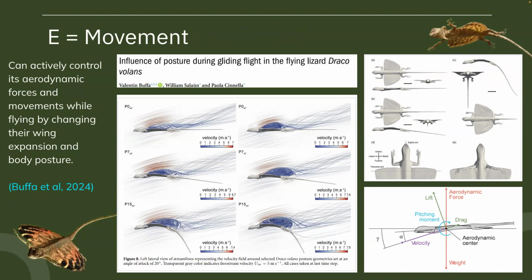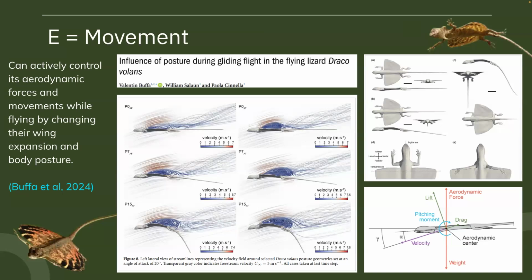And so this article used 3D models from an old specimen to use computational techniques to simulate gliding. They did a lot of fun physics and math, which was interesting to learn about, but they did find that they could actively control their aerodynamic forces and movements while flying by changing their wing expansion and body posture.